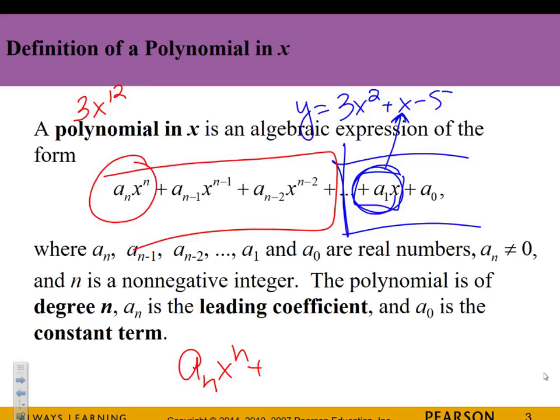We subtract 1. That's why it is the coefficient a sub n minus 1 and x to the n minus 1 power. Because it's now decreasing on this side. And that's why there are these ellipses in the middle, dot, dot, dot, because that kind of just joins the two together. Does that part make sense? Yeah. So it's just kind of bleh, but that's the definition. Okay? Questions on any of that?